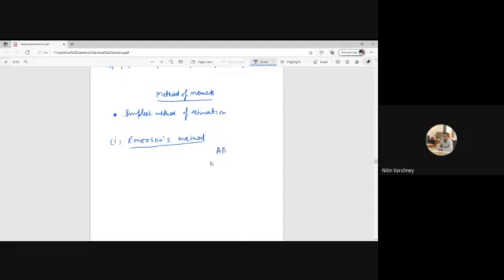We have seen that this AB is my parental type if I consider the coupling phase, so this will increase whenever theta increases. So we may take the linear function E minus M, where E is A1 plus A4, the parental types, and M is A2 plus A3, that is our recombinants.